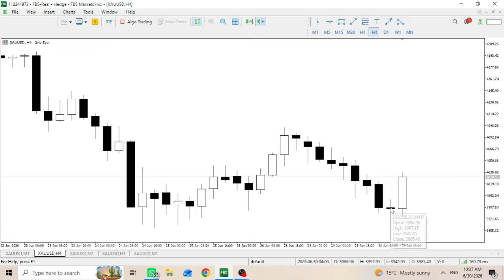It's a bearish candle, but the market has closed above the midpoint. That's why we are using the midpoint price. But if the market has closed below the midpoint, then we use the opening price.